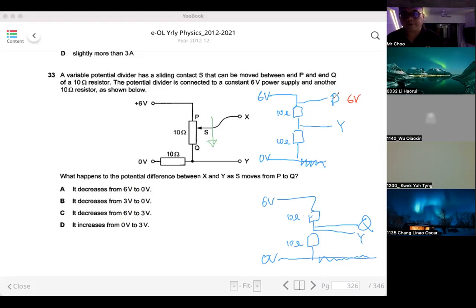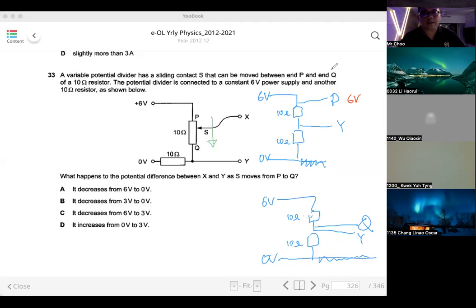Okay, how do we correct? Xiao Xing, your first answer was correct, then they became wrong. Bei Kuan incorrect, yeah? Oscar incorrect. Okay, so at first it was 6 volt when your X is at the top, at the P. It's 6 volt because it's right on top. Clear so far?